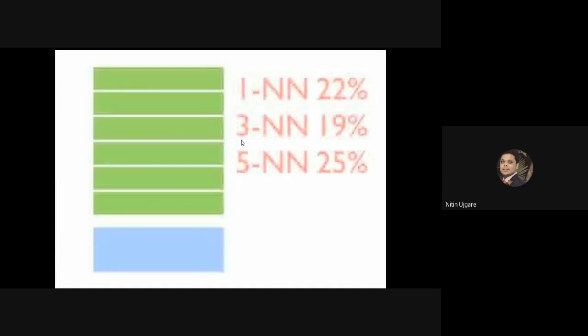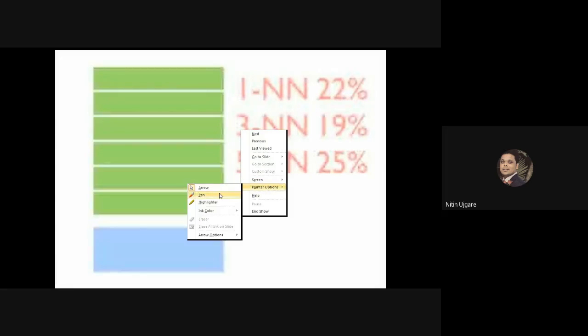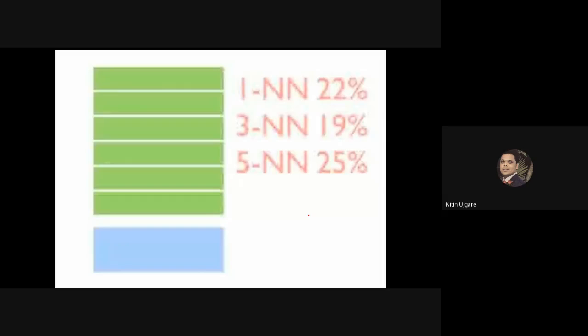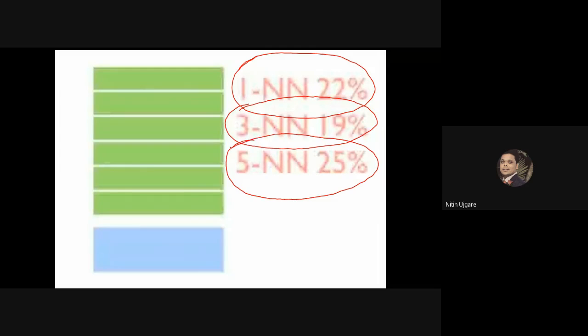After doing all this, the average cross validation error for 1NN is 22%. For 3NN it is 19%. For 5NN it is 25%. For example, we consider only these 3 versions of the k nearest neighbor classification algorithm.